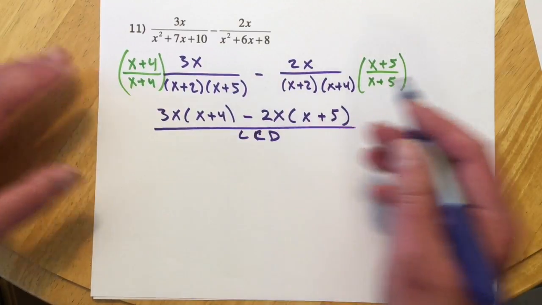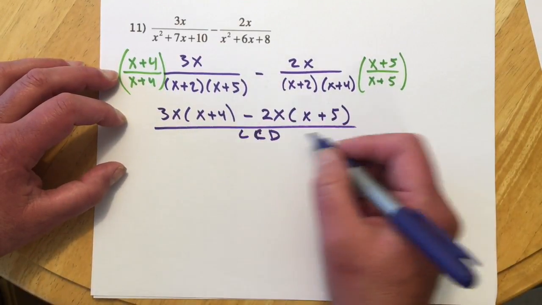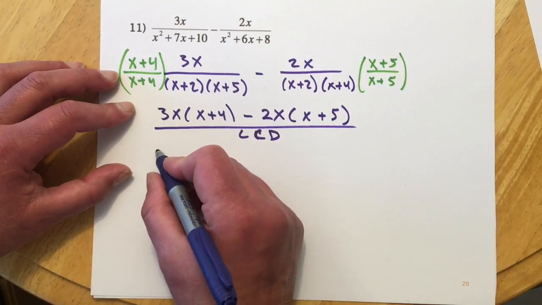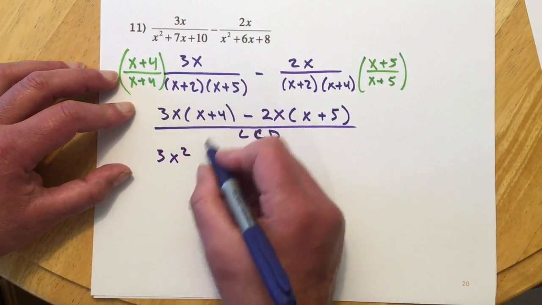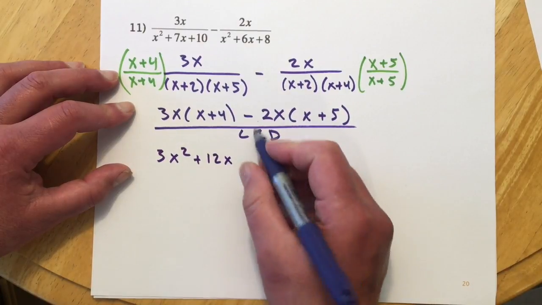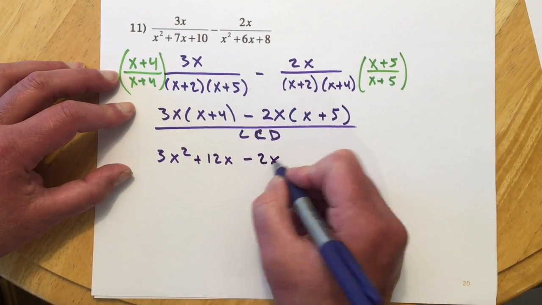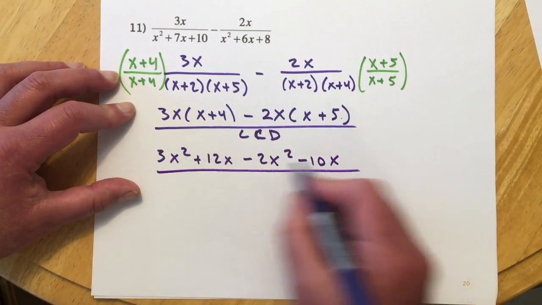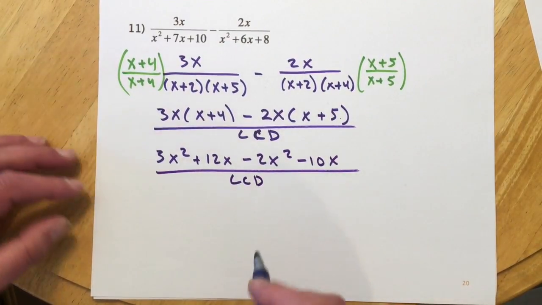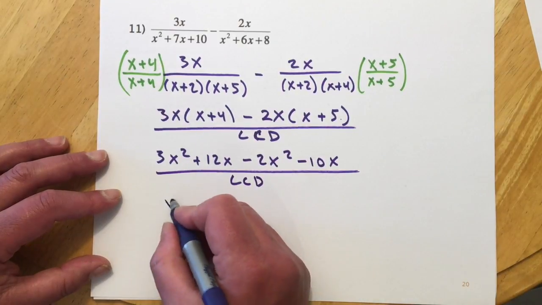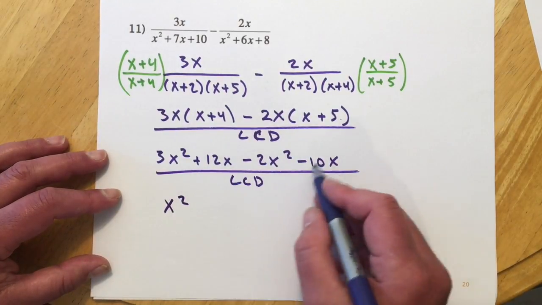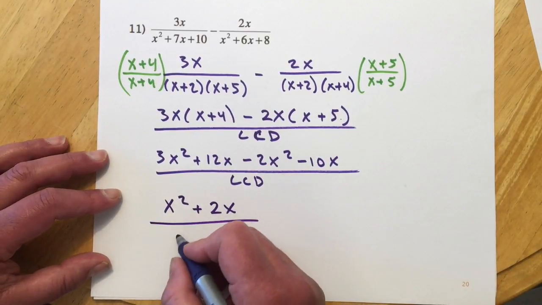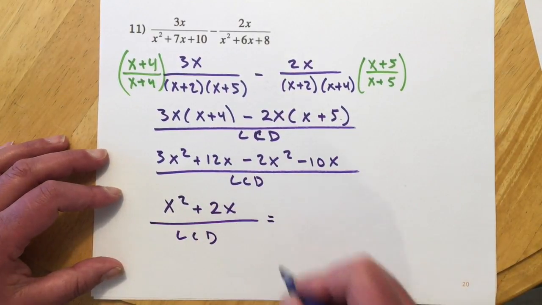You would still be at distributing and collecting here, but that's the spot where people make an error. 3x times x is 3x squared. 3x times 4 is 12x, and minus 2x squared, and minus 10x. 3x squared minus 2x squared is x squared. 12 minus 10 is going to be a plus 2x, and that's over, again, this LCD.